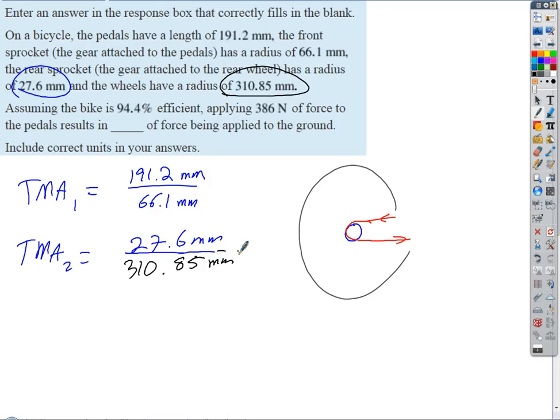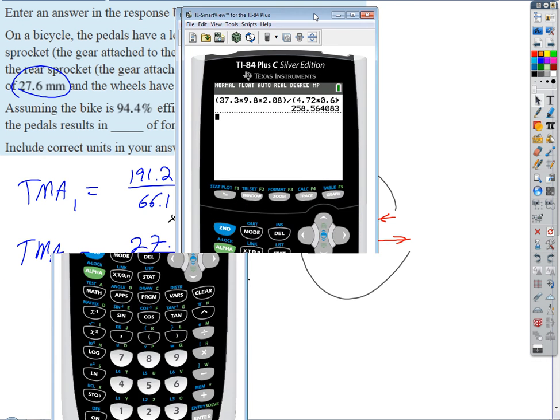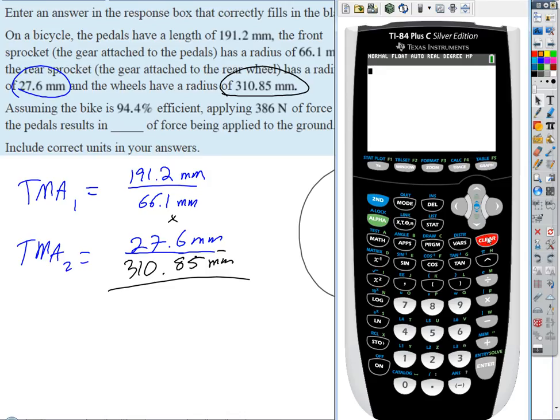So the overall mechanical advantage is just going to be the product of those two things. That one times this one gives us what? Well, we can look on our calculator and see. 191.2 divided by 66.1, there's the first mechanical advantage. 27.6 divided by 310.85 gives us the second mechanical advantage, and we'll just take the product of those two.